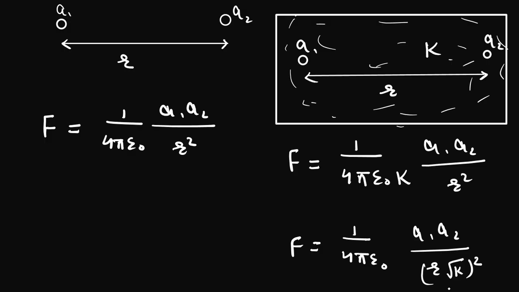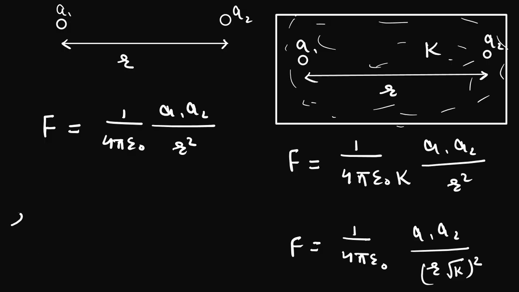So here can we say that this distance r root k is actually the effective distance between them. There is one normal distance, the straight line or geometrical distance between them, which will not depend on the material between these two charges, but there is also an effective distance between these two charges, which will depend on the dielectric constant of the material, and that effective distance will be equal to root of dielectric constant multiplied by the geometrical distance.